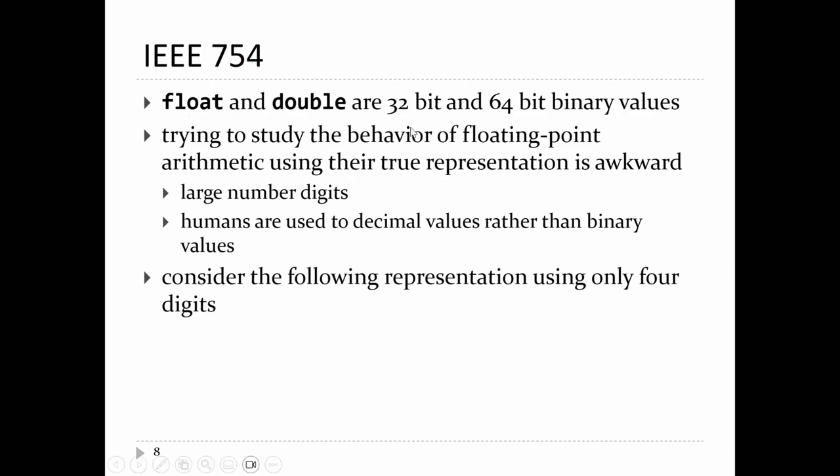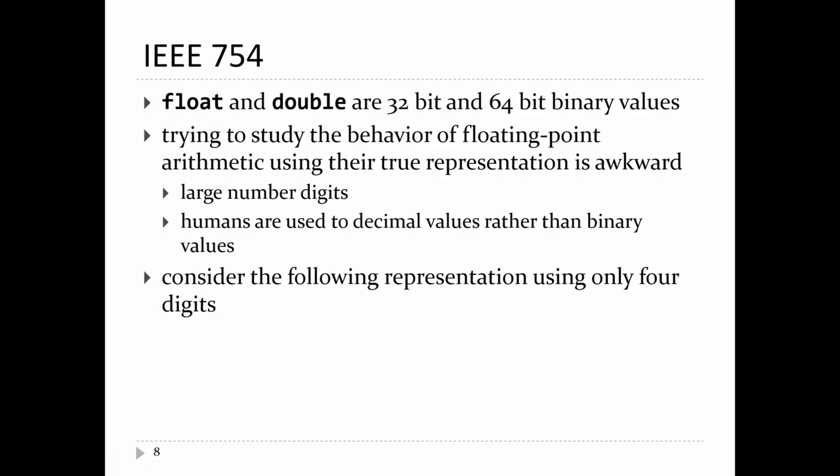The standard says you can have a 32-bit floating point number or a 64-bit floating point number or larger. So there's 128-bit floating point numbers as well. Java calls the 32-bit version float, and it calls the 64-bit version double. In Python, everything is just 64 bits, and it's called float, short for floating point.